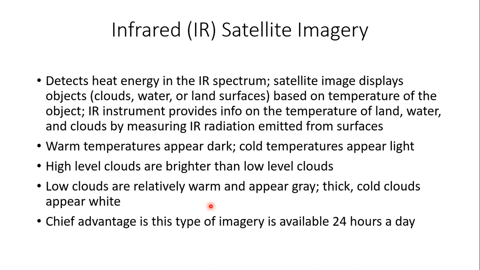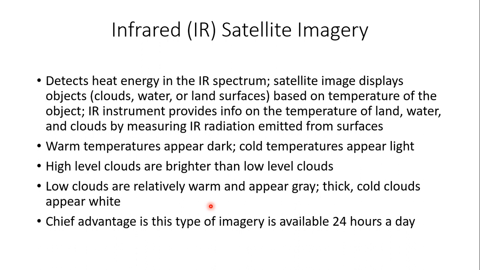High-level clouds, for example, form way high up in the atmosphere, above 20,000 feet in the mid-latitudes. Those high-level clouds, such as cirrus, are going to be brighter on IR imagery than, let's say, a lower stratus cloud. Low clouds are relatively warm and appear gray. An example of that would be fog or low stratus clouds. The thick, cold clouds appear white.